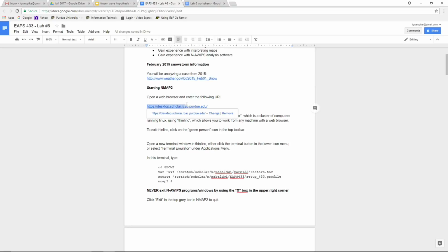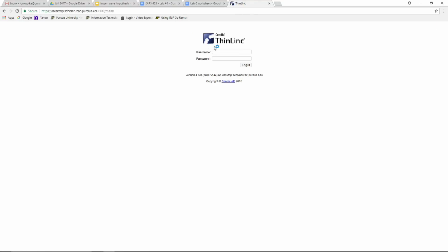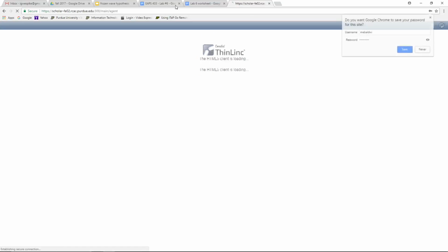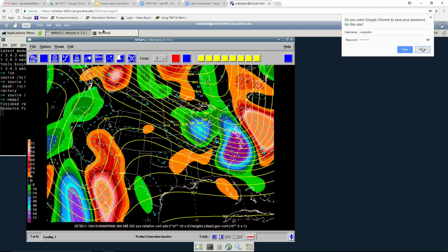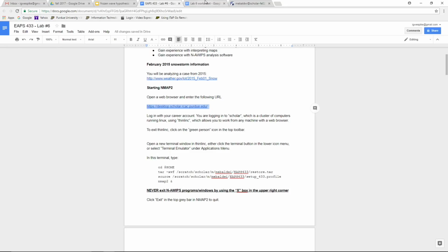So if you load up this URL in a browser, you can log into that system with your career account, and follow the instructions to get access to the files that we're going to use.